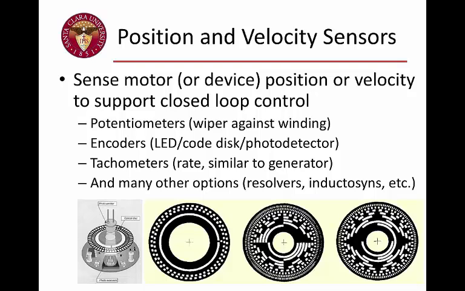And you can see an LED on the top shining on the disc and therefore allowing light to go through it based on where the transparent holes are. And then there's a pattern there at the bottom. The pattern presumably is read by some sort of detector or a series of detectors. And based on what pattern is seen, you can get various information about the position or velocity of the device.